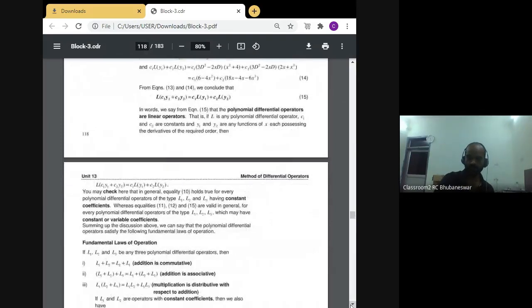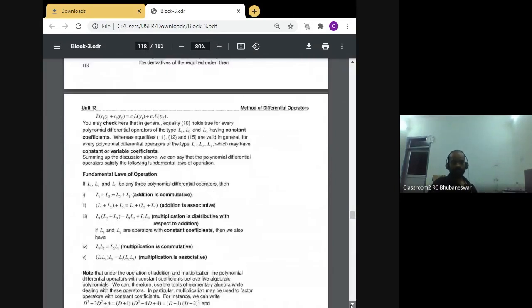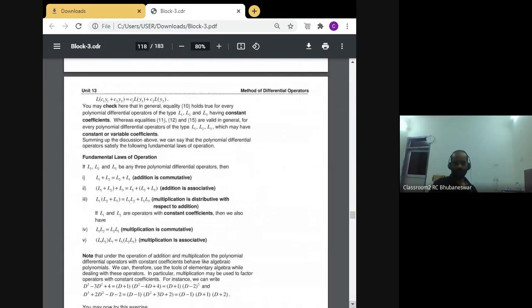So now let us move towards page number 119. On page 119, some fundamental laws of the operations are given. Here the fundamental laws of these differential operators are given. Suppose L1, L2, L3 are three polynomial differential operators, then this particular law or rule is satisfied by these three.